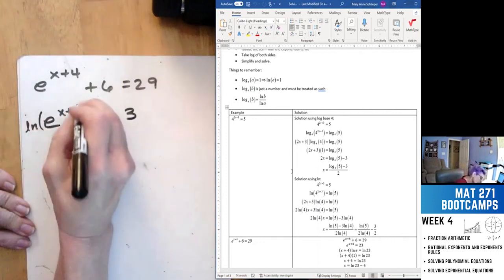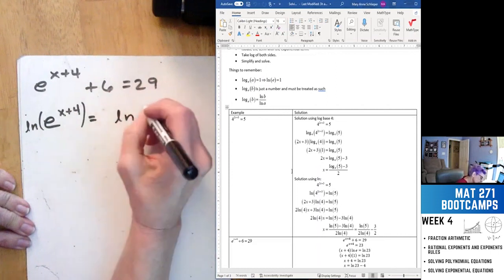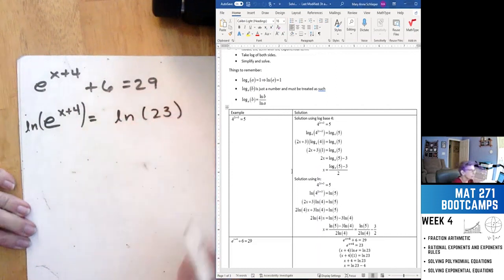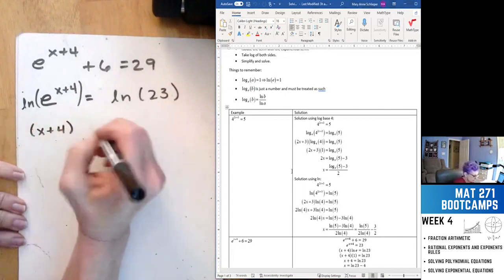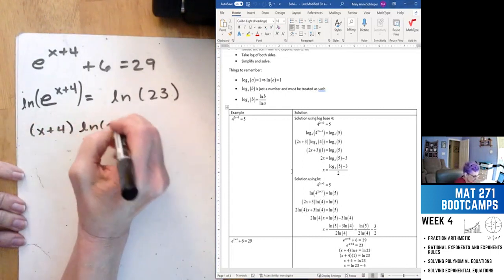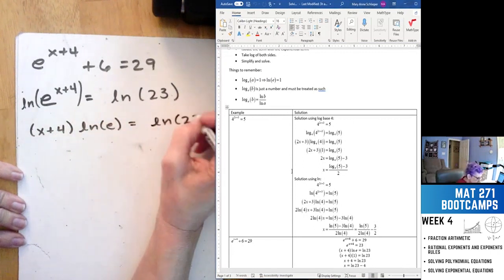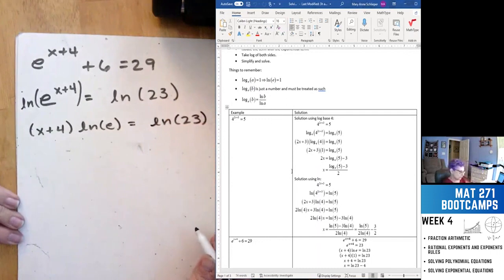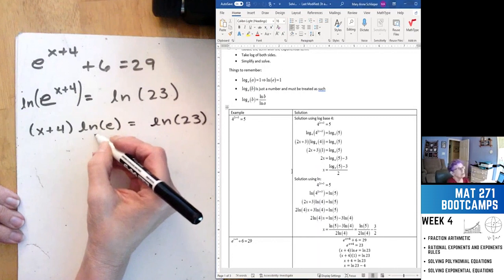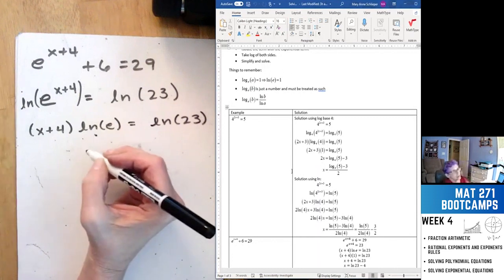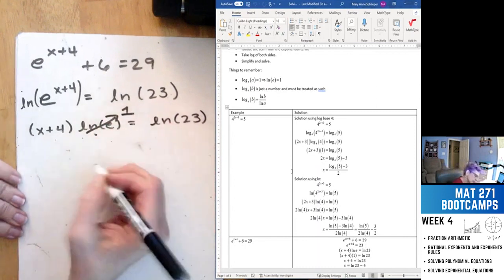And because I get lazy, I'm just going to go ahead and do it right here. X plus 4 falls down. I have the natural log of e to the x plus 4 is equal to the natural log of 23. Natural log of e is just like the log base e of e equals 1.